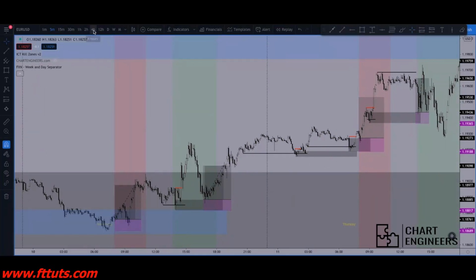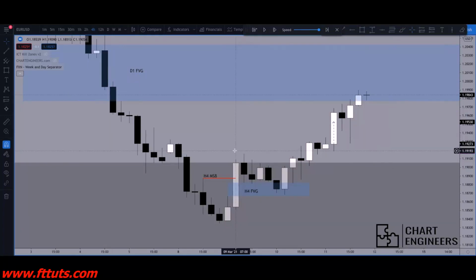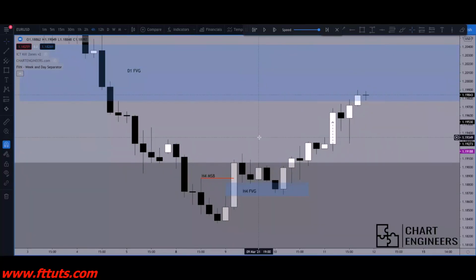So here you can see on the H4 that we had the H4 market structure break here. We filled in the H4 fair value gap, and from this point we anticipated price to reach for the daily fair value gap. So all I do now is wait for M5 fractals to be created and enter within the London open session and New York open session.